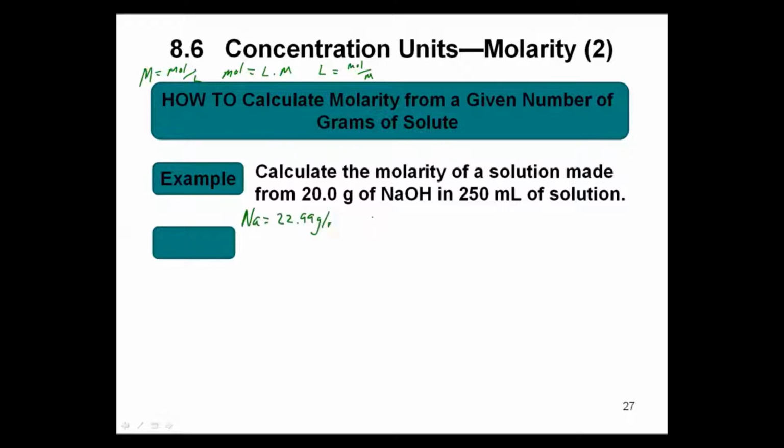Molar mass of oxygen is 16 grams per mole. And the molar mass of hydrogen, 1.008 grams per mole. All right, so why don't you take a couple of minutes or so here and calculate the molarity and see what you come up with. And then we'll talk about it and make sure everybody, again, is on the same page.